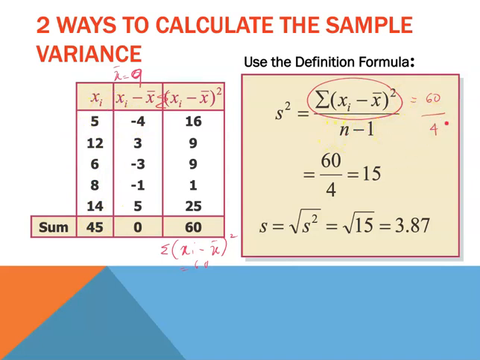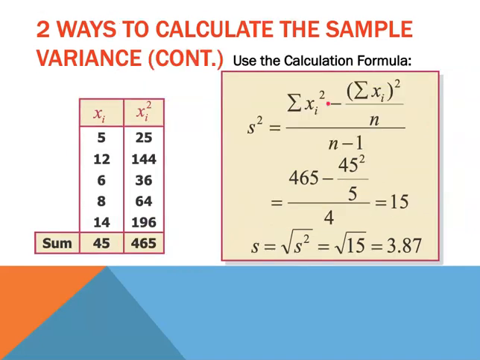So 60 divided by 4 will give me 15. So my sample variance is 15. To find my sample standard deviation, I have to square root that, and the square root of 15 is 3.87. So S is my sample standard deviation, whereas S squared is my sample variance. It's the same formula, but you have that square root coming.